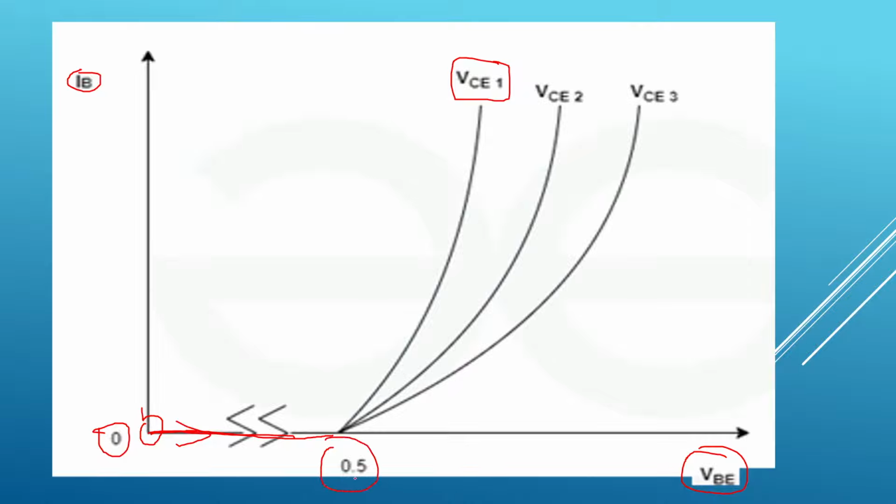Once VBE has reached 0.5 volts, as VBE increases, IB also increases. For some constant value of VCE, as VBE increases, IB increases. For some other value of VCE, as VBE increases, IB increases. For some other value of VCE, as VBE increases, IB increases.